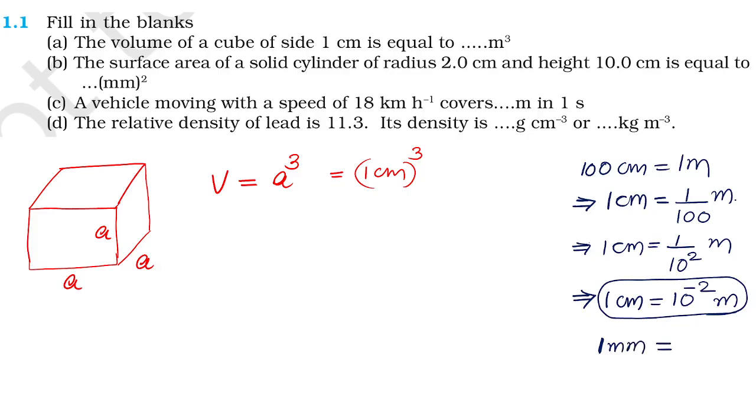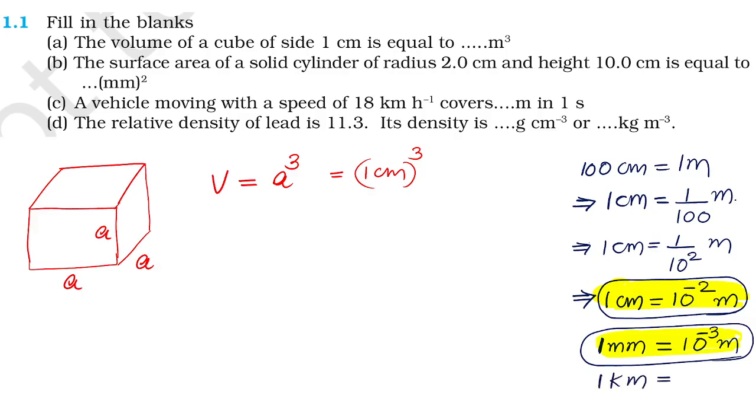Along with this, there is one more result you need to memorize. 1 millimeter: milli stands for 10 raised to minus 3. We will never use millimeter and centimeter in physics. We will use only meter. So these results you have to memorize. Never forget it. 1 centimeter: centi means 10 raised to minus 2. Think like that. Milli means 10 raised to minus 3. 1 kilometer, that you know.